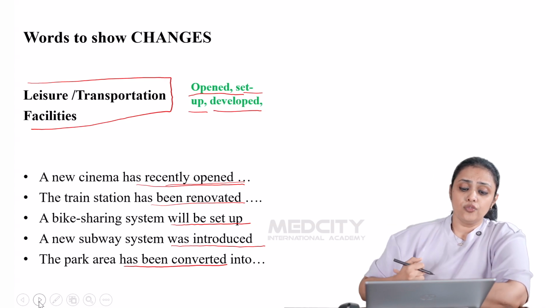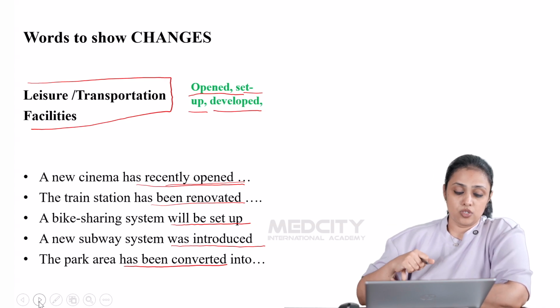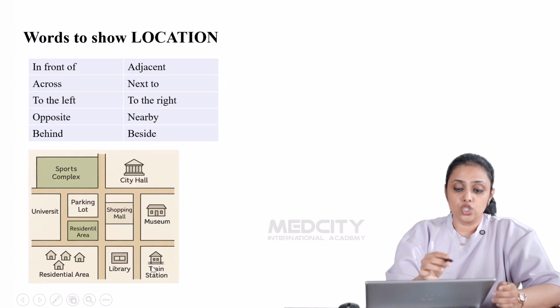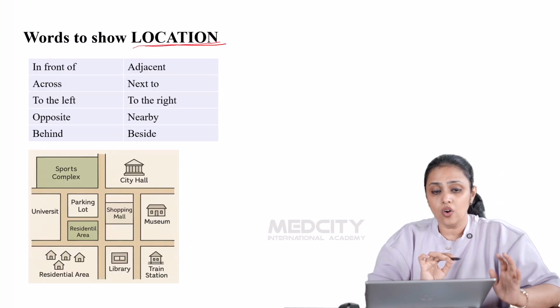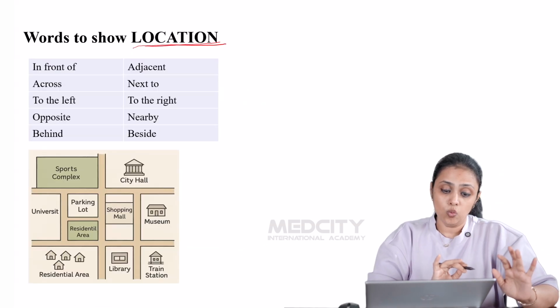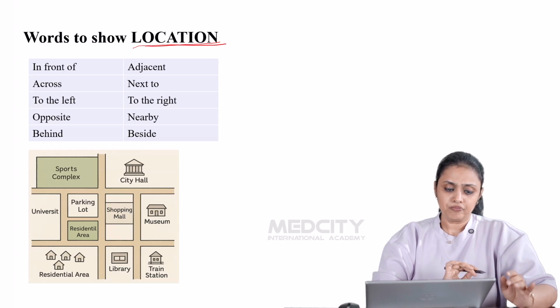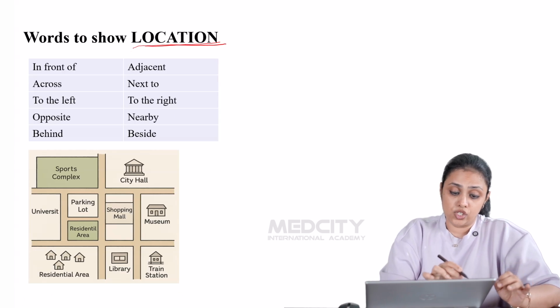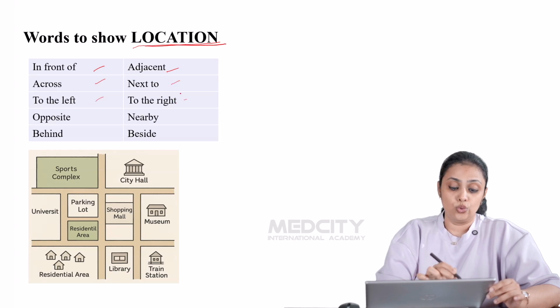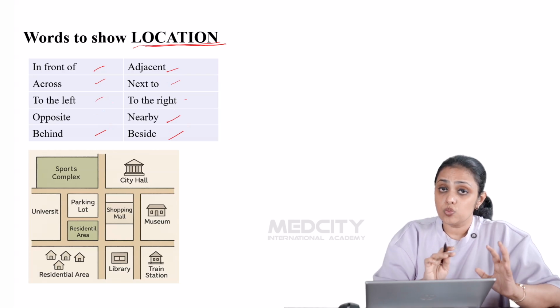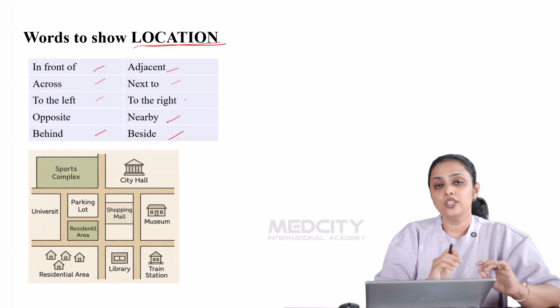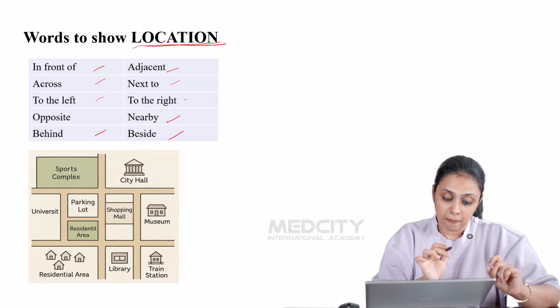Then another set of words or vocabulary that comes with maps are words to show location. We already saw words to show changes. Now words to show location. These are the words to show location: in front of, adjacent, across, next to, to the left, to the right, opposite, nearby, behind, beside. These words will also be required when you're describing or reporting maps.